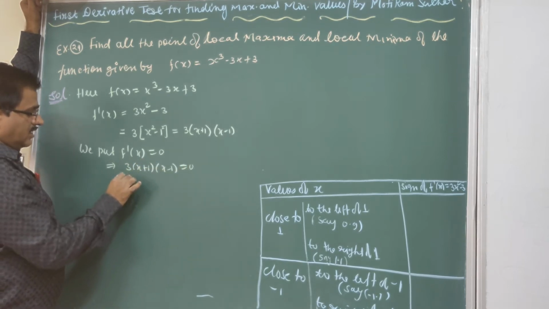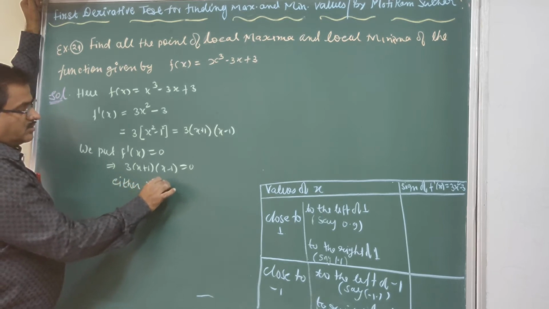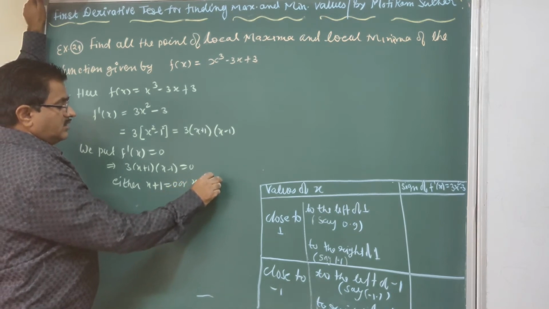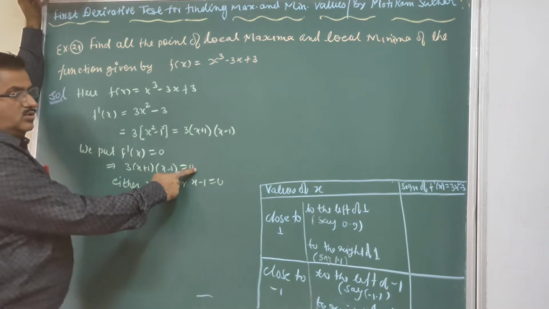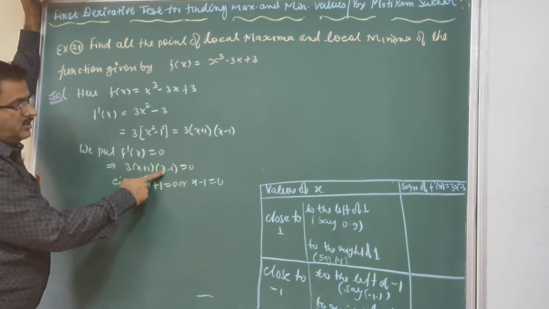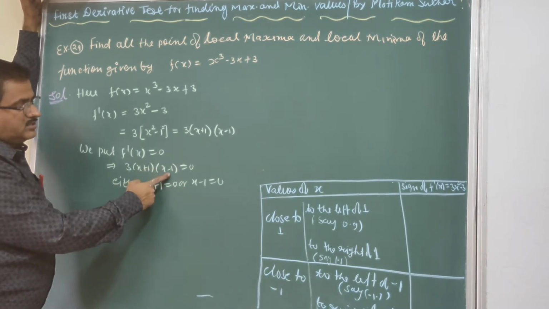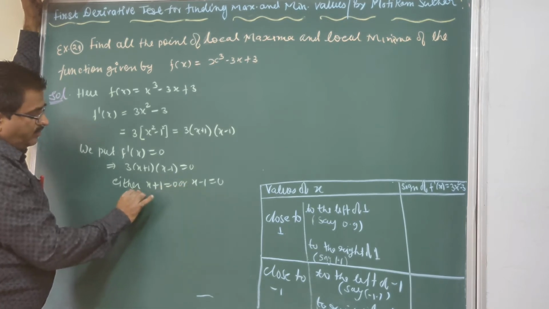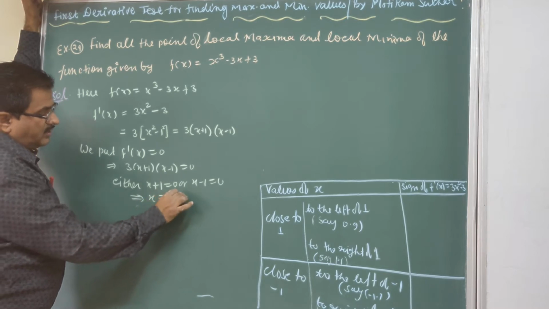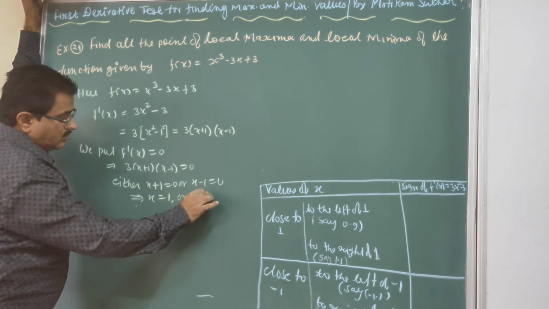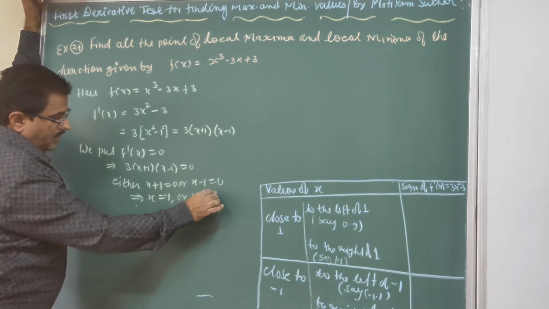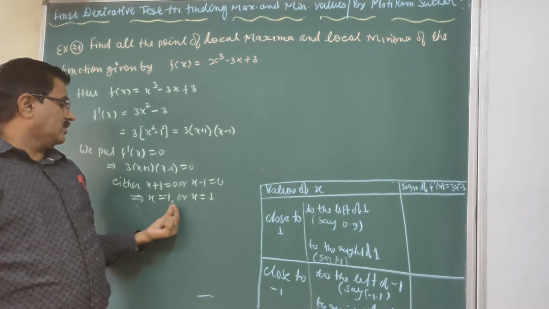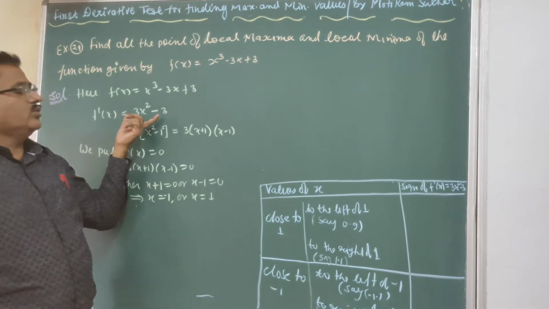So you can say either x plus 1 equal to 0 or x minus 1 equal to 0, because the product of the two factors is 0, so at least one of them is 0. From this we get 2 points, x equal to 1 or x equal to minus 1.